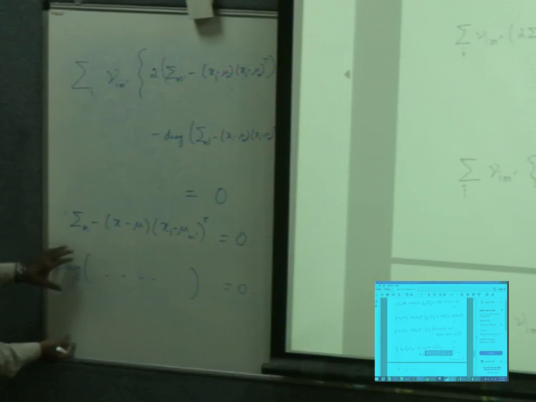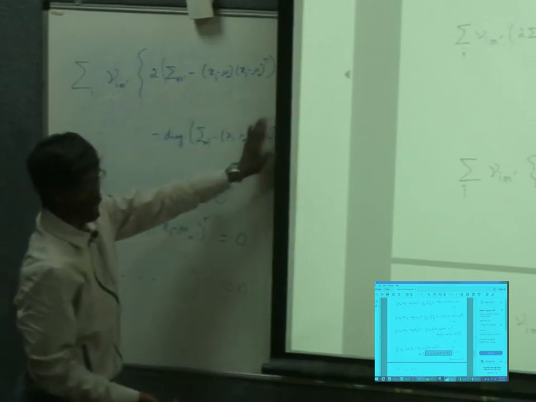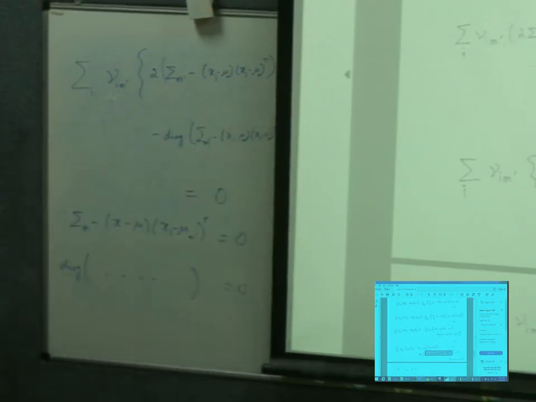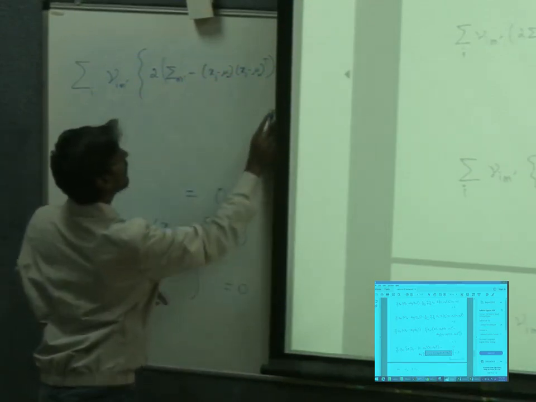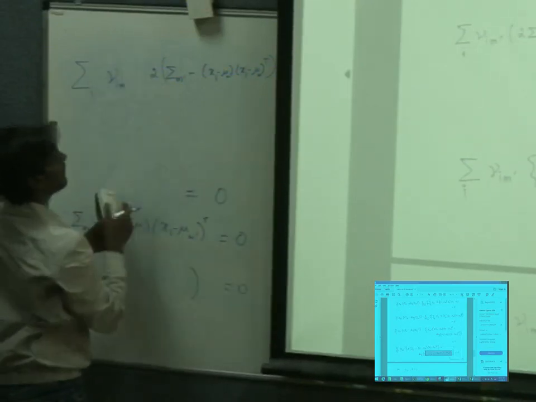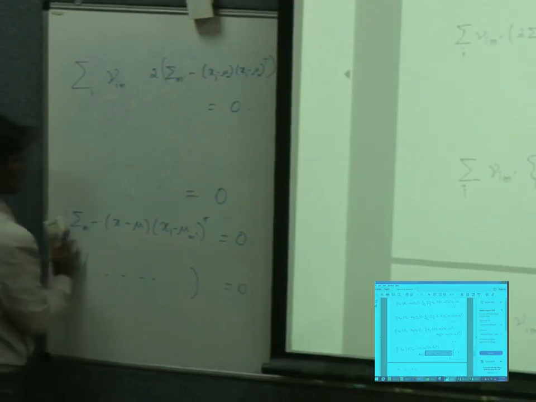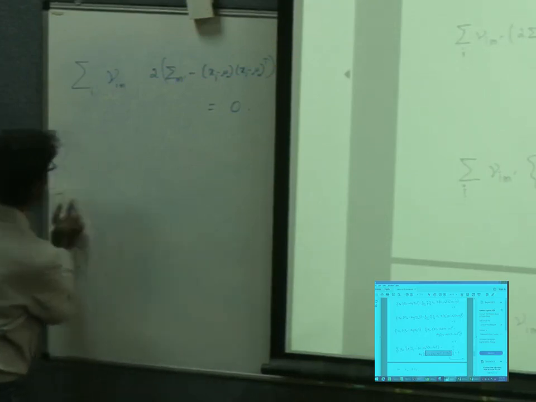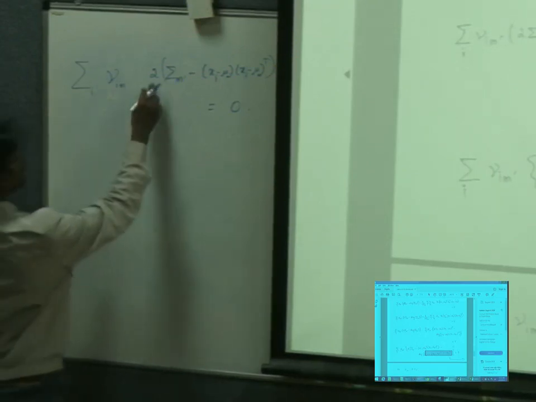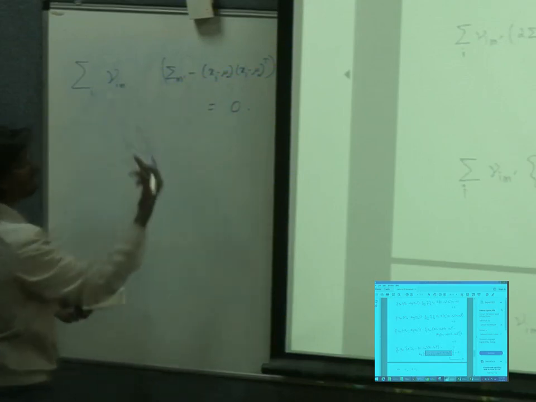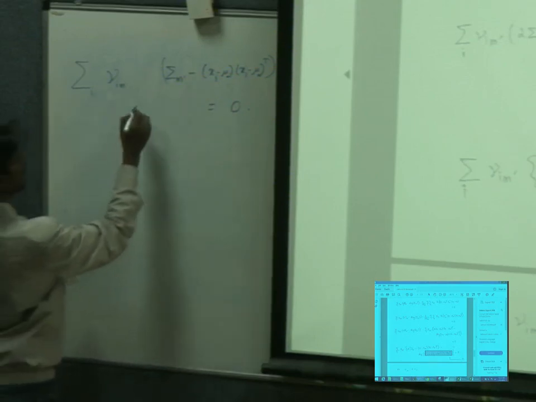Maybe we'll substitute only this. So if you substitute this, this term vanishes, and you will have only this term. This 2 we can remove, that's not useful.